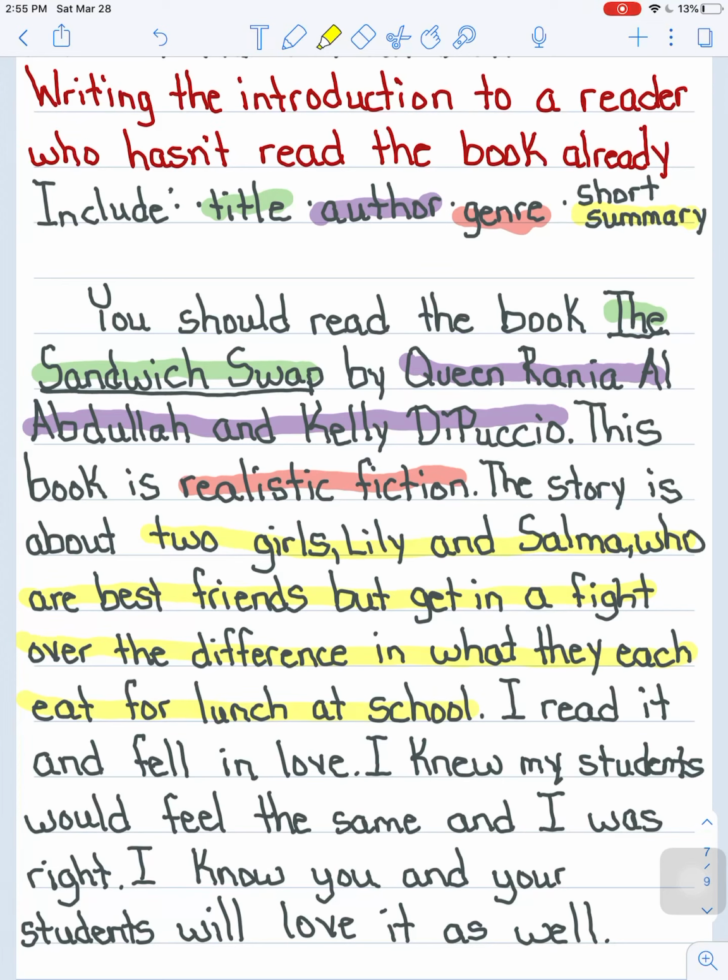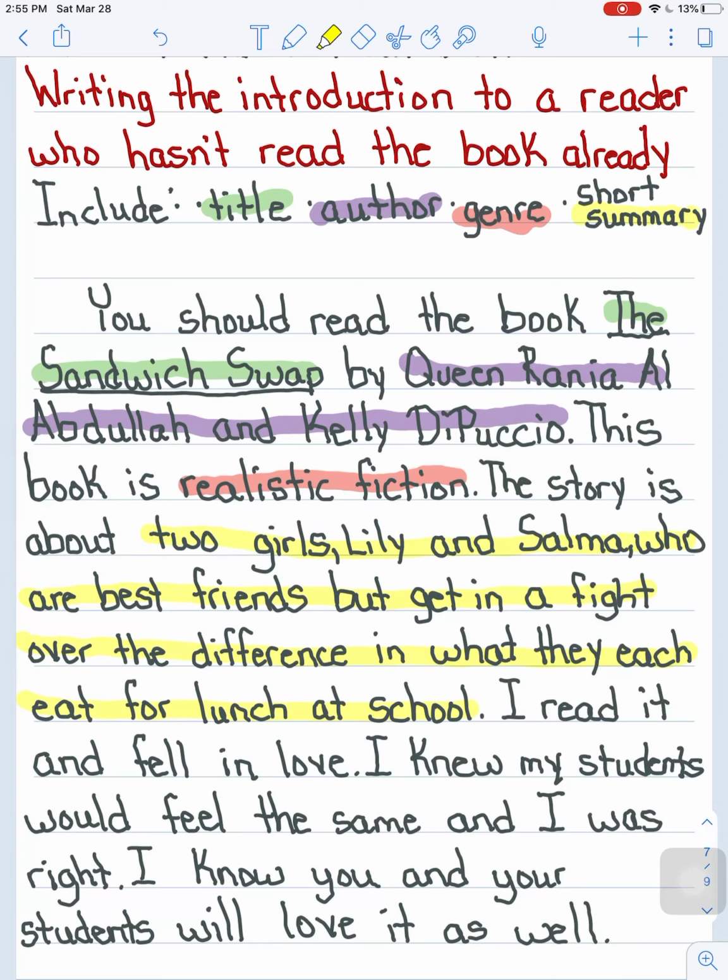Notice that I didn't give away anything about how the book ended in this introduction because I know my reader hasn't actually read the book. So this is one example of writing an introduction to a reader who hasn't read the book.